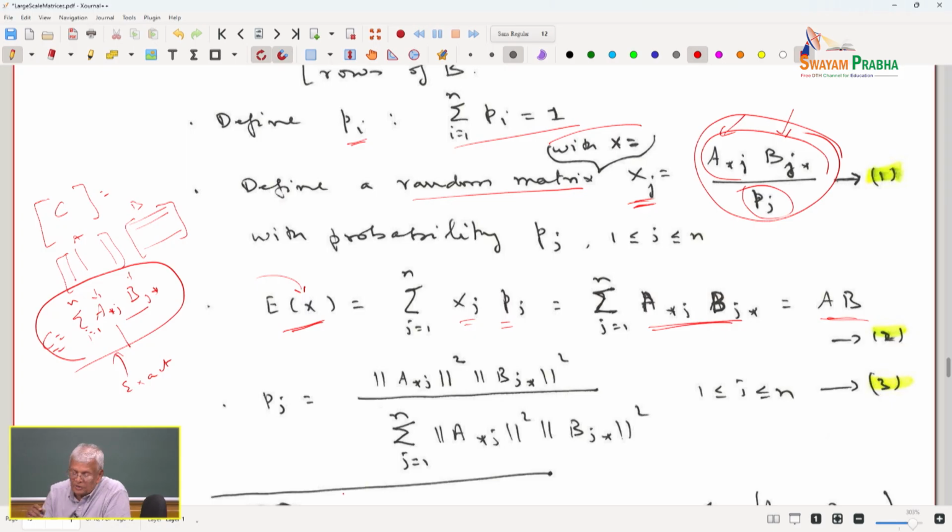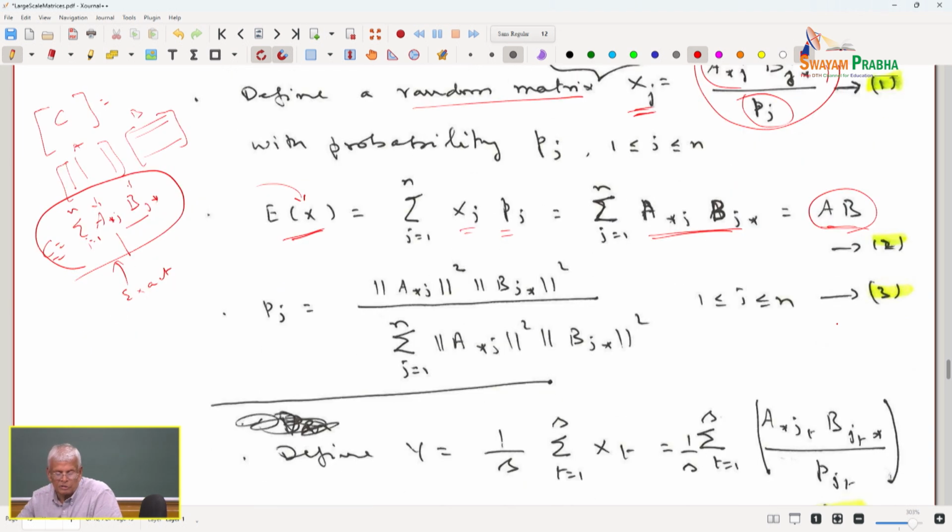The sum of these matrices multiplied by the probability is equivalent to AB. That means the expected value of the random matrix is equal to the true value of AB. That means x as a variable is an unbiased estimator for estimating the product.